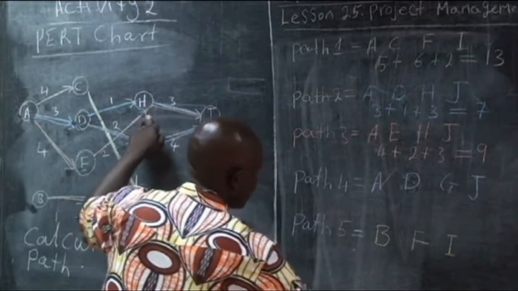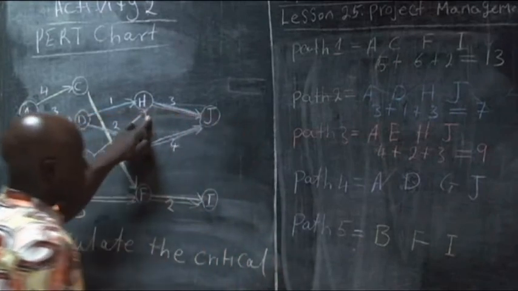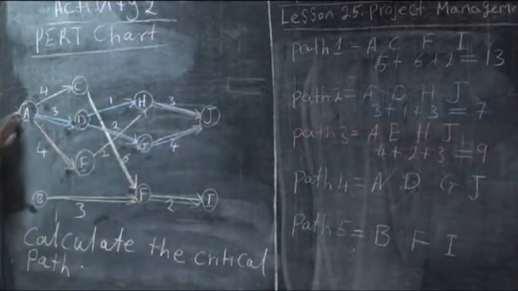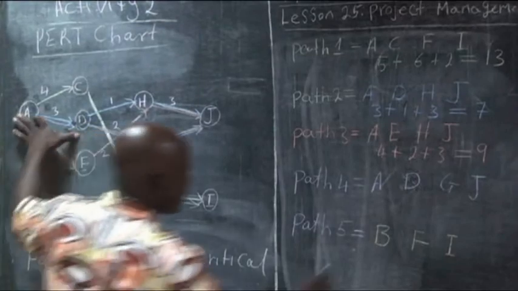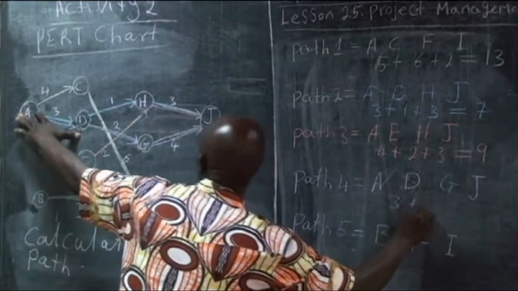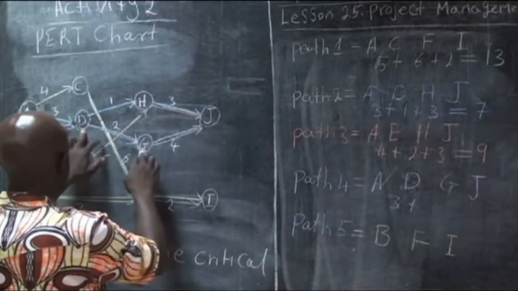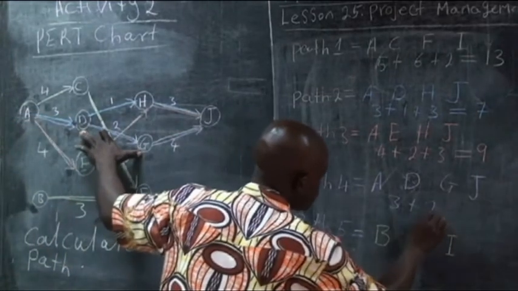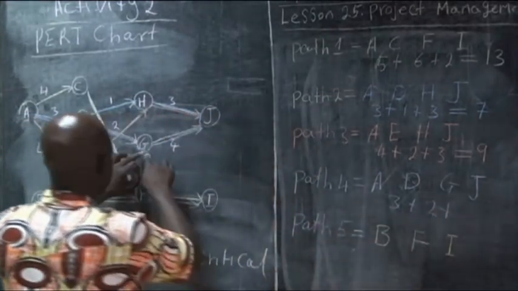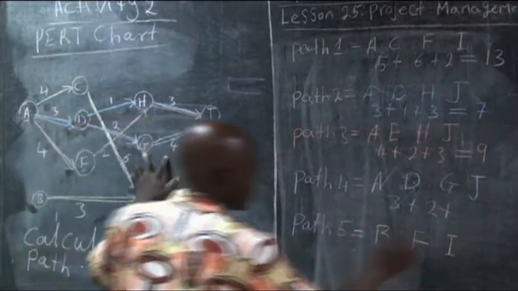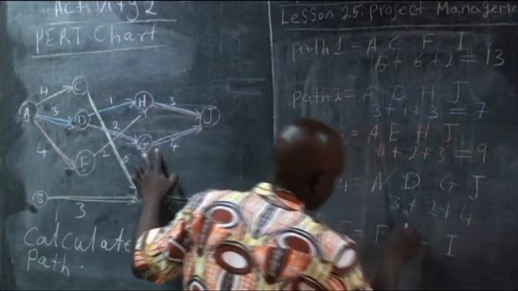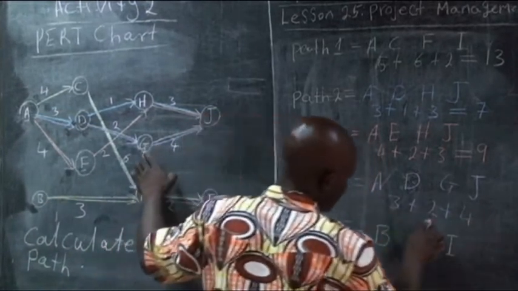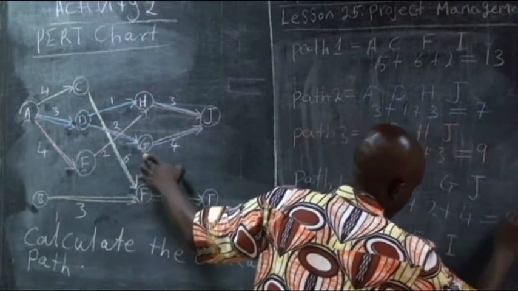Move next to the fourth, which is A to Z is 3, plus Z to G, which is 2, plus G to J, which is 4. 3 plus 2, 5 plus 4, 9.